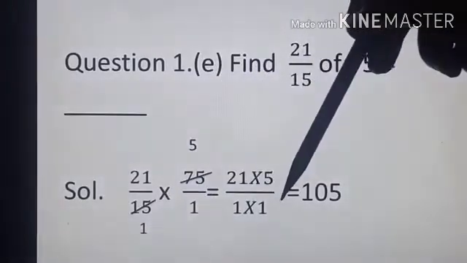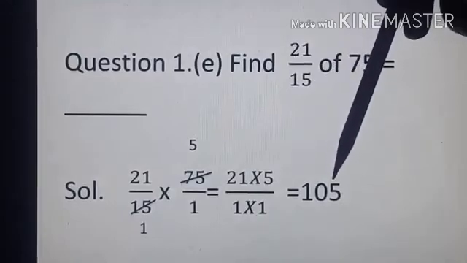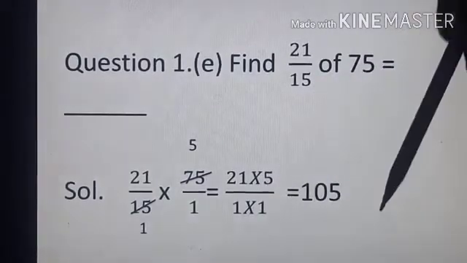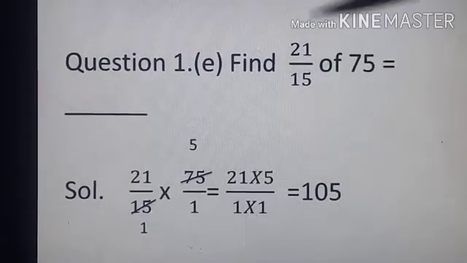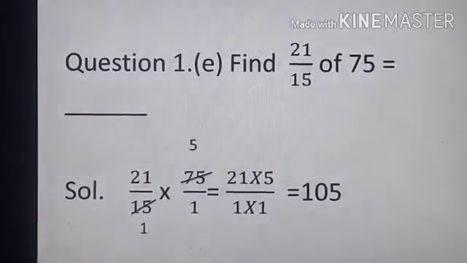Now it is left 21 into 5 upon 1 into 1. 21 fives are 105. If you are writing here 105 upon 1, which is equal to 105, that is also correct. And if you are writing directly 105, that is also correct. Because you know that 1 into 1 will give you the denominator 1 only. Right? So our answer is 105.